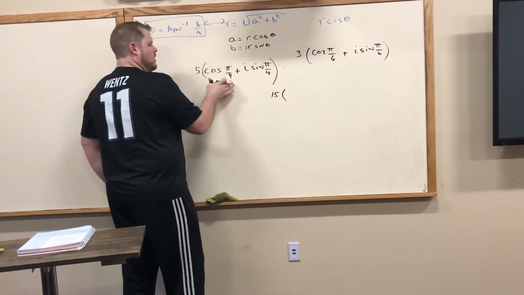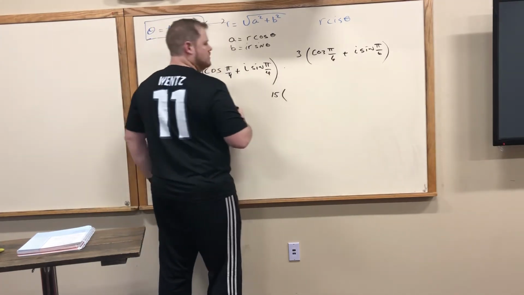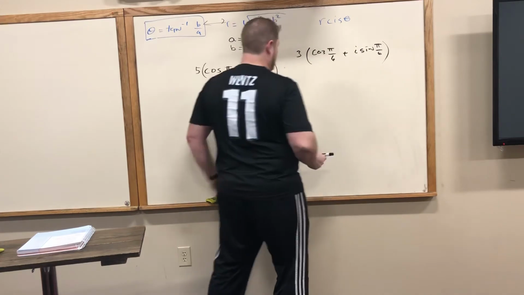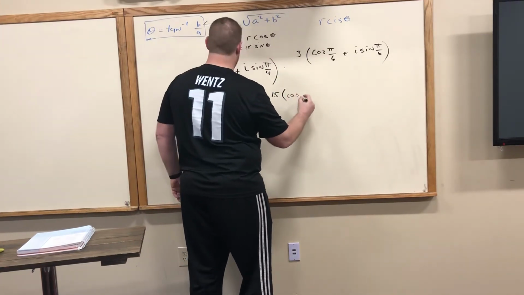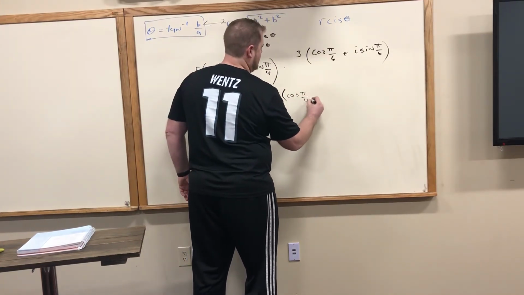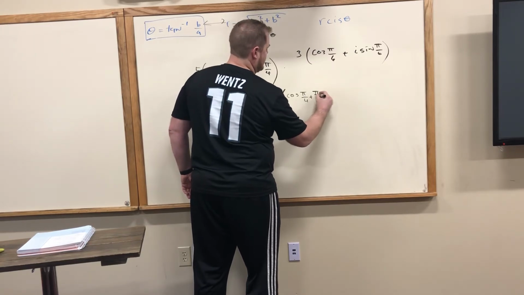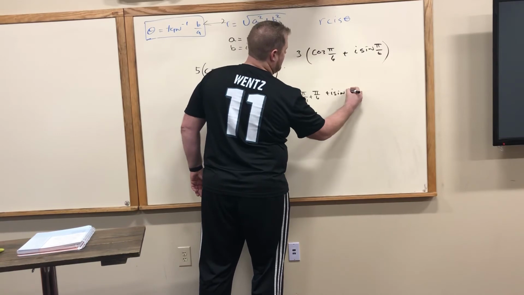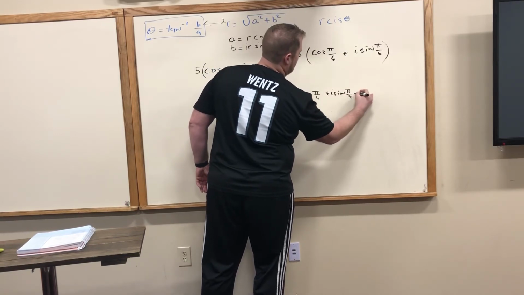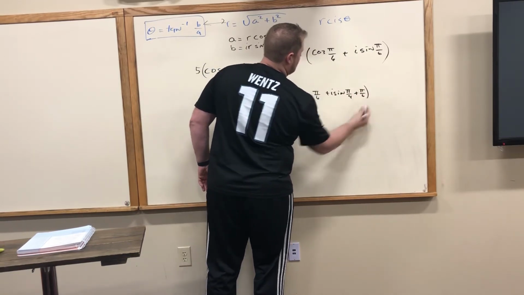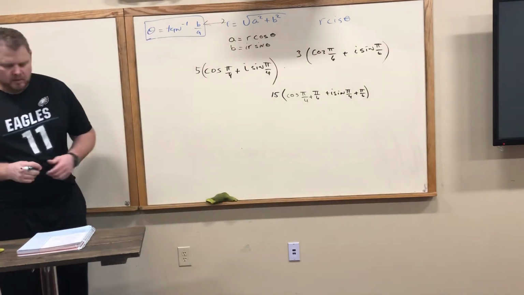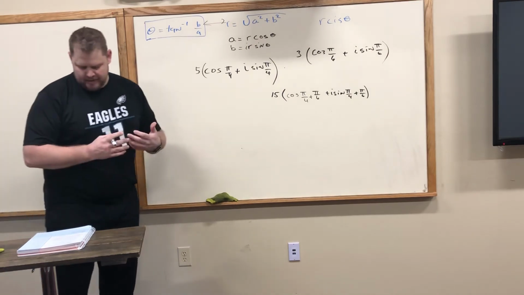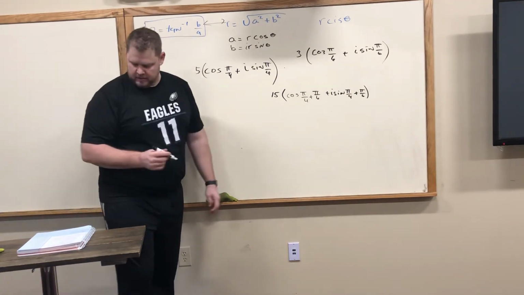Good. Now, when you multiply the inside, you're multiplying the same thing, but all you have to remember is you're adding your fractions. So cosine pi over 4 plus pi over 6 plus i sine pi over 4 plus pi over 6. Okay? So what do we do to finish this out? Well, we're adding them, right? So what's it going to give me?